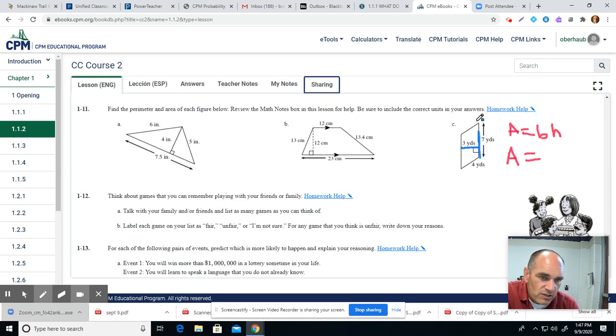My base and height are 3 and 7. My height is 3. My base is 7. So 3 times 7. And that clue, once again, was the 90-degree angle. So the area of this, 3 times 7, is 21. So hopefully that helps you with question 11.